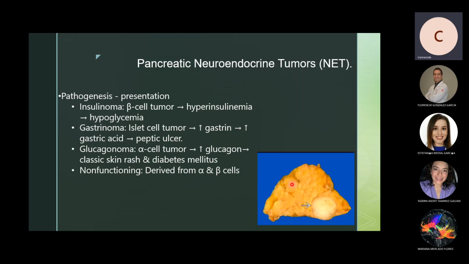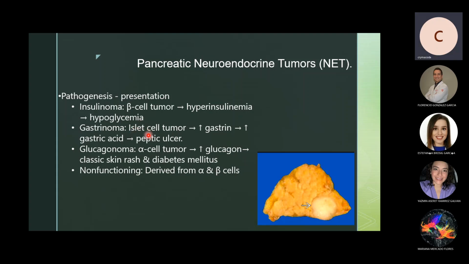The pancreatic neuroendocrine tumors are tumors arising from pancreatic endocrine cells, the islets of Langerhans. The insulinoma, a beta cell tumor that causes hyperinsulinemia and then hypoglycemia, clearly not presented by the patient.